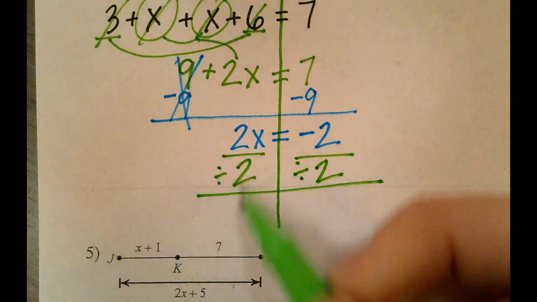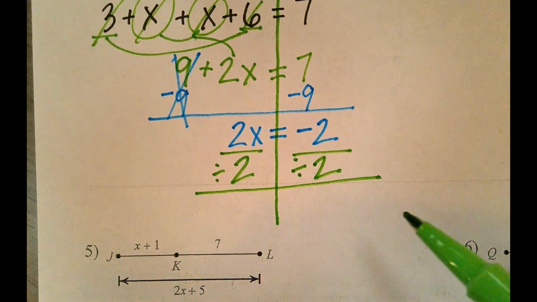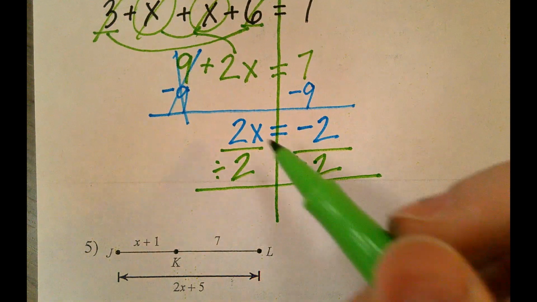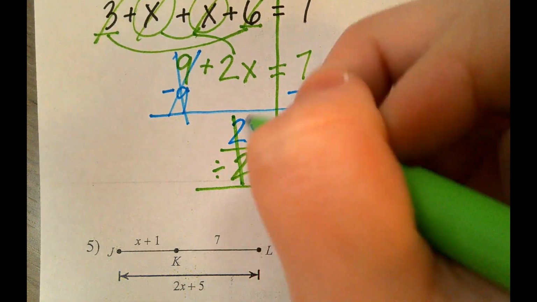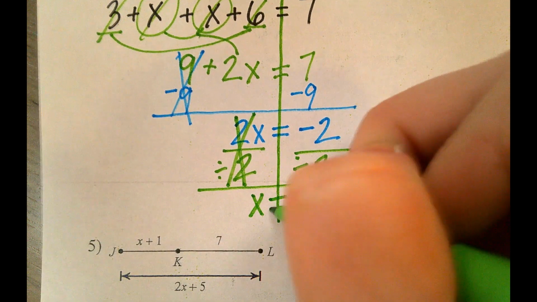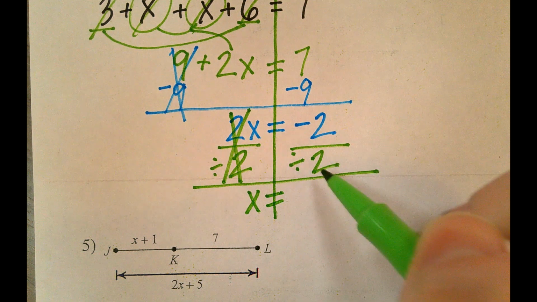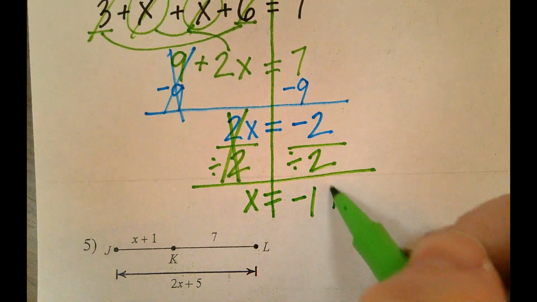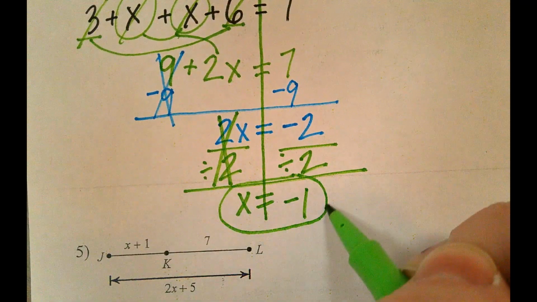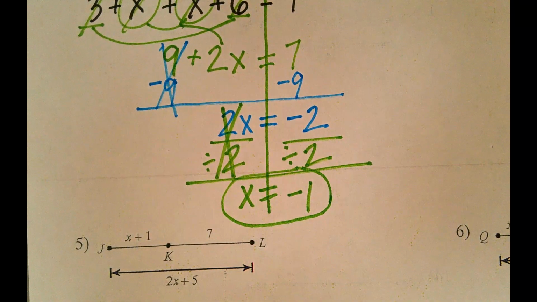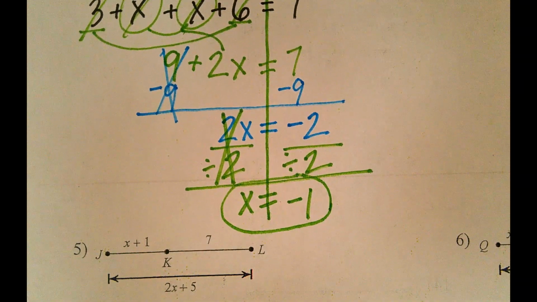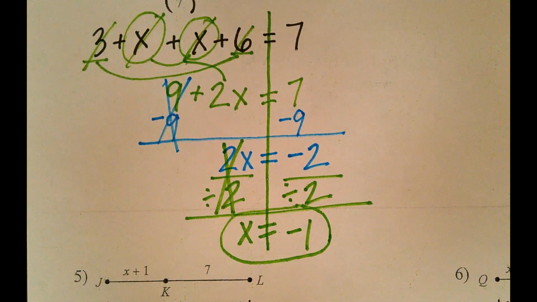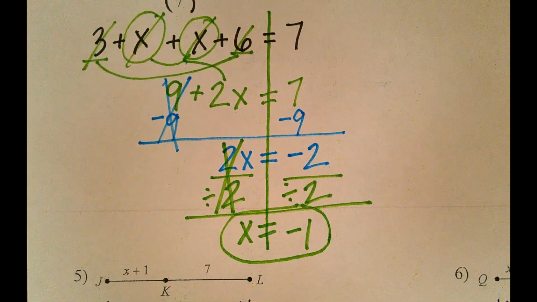And what happens to my 2x divided by 2? x equals, and you are correct, negative 2 divided by positive 2, negative 1. x equals negative 1. Very nice. Okay, so that was number 3.